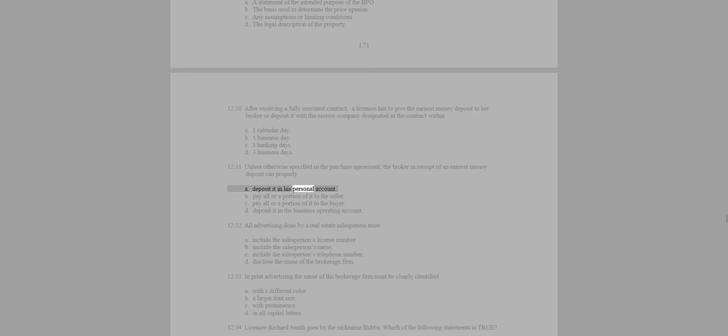Deposit it in his personal account, b. Pay all or a portion of it to the seller, c. Pay all or a portion of it to the buyer, d. Deposit it in the business operating account.